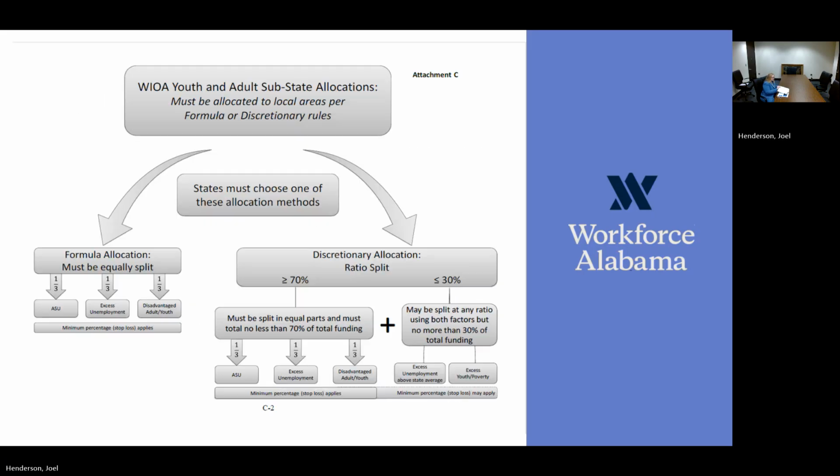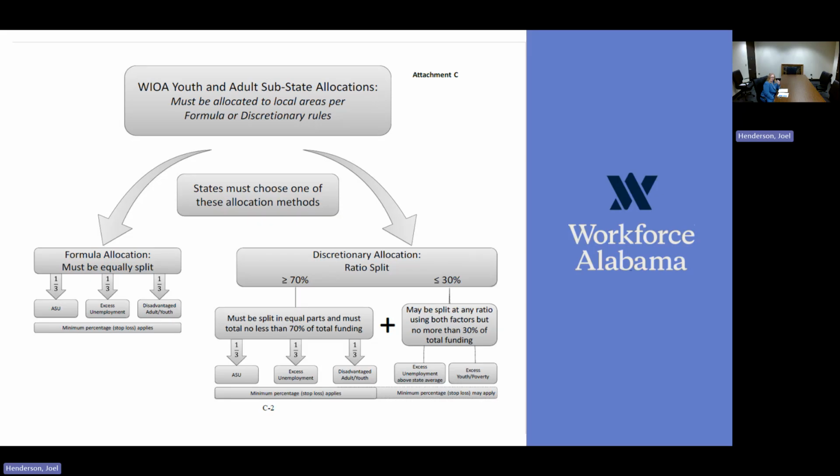Next slide. Okay, so this is a graphic that is included in the TEGL that USDOL puts out each year, and I thought it was a good visual to show you the different formulas that can be chosen for youth and adult.